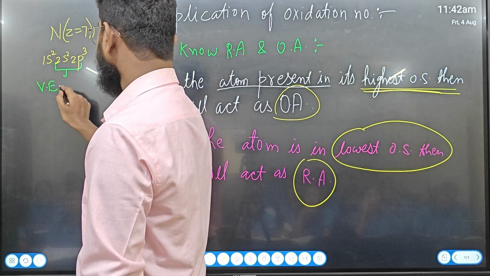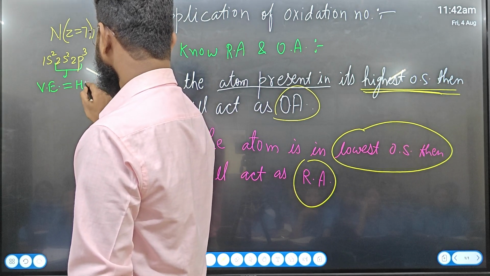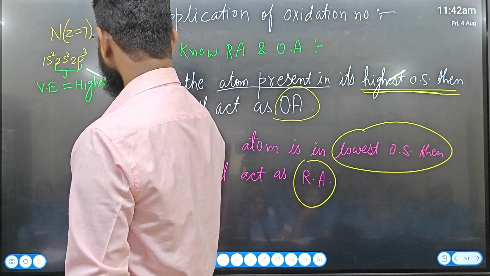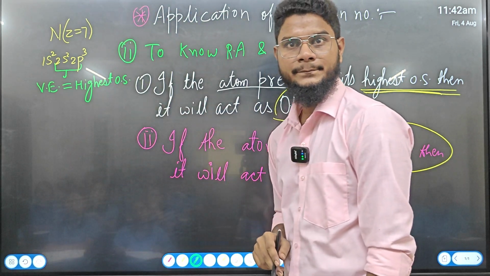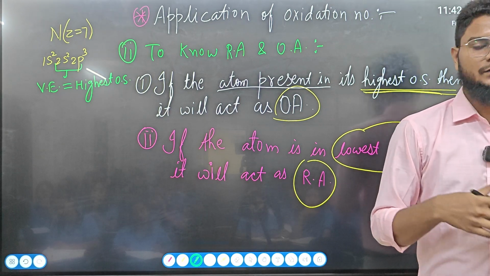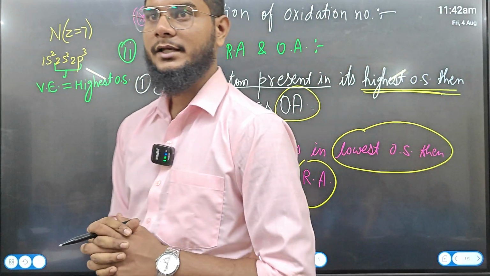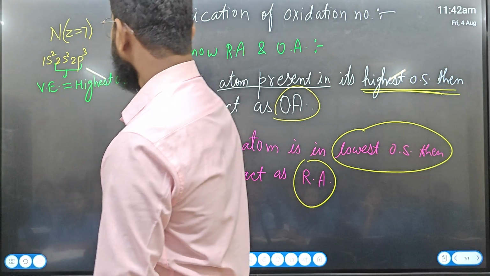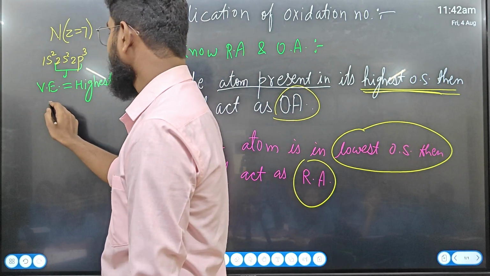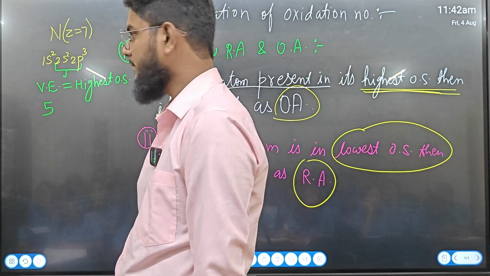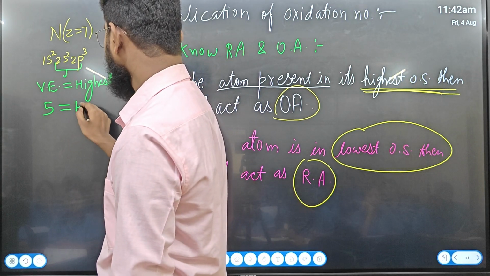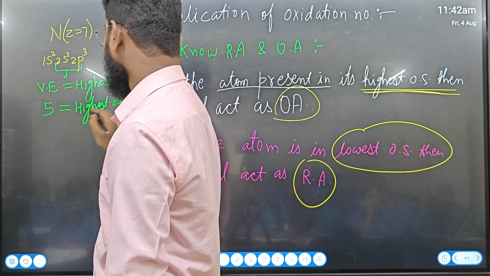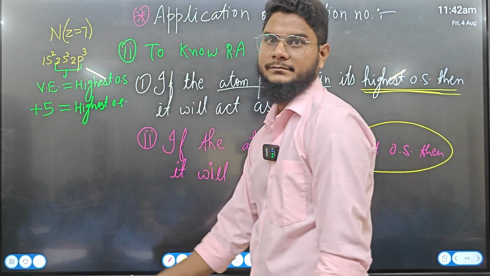Valence electron is equal to your highest oxidation state. For an atom, the valence electron is equal to its highest oxidation state. So it has 5 valence electron, right? So highest oxidation state will be 5.